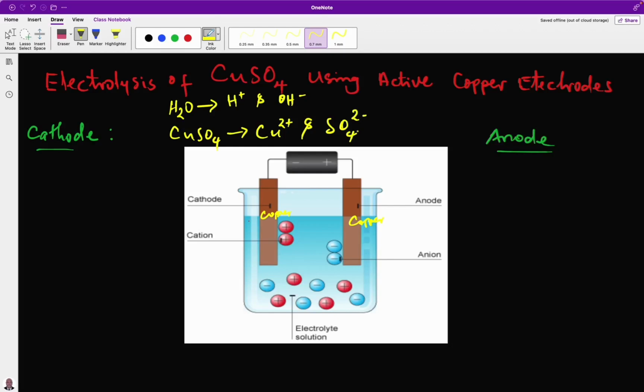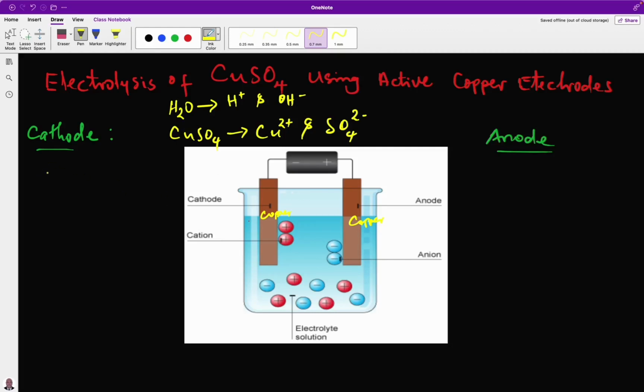But remember, there is something at the cathode. What is going to happen? The reaction this time around is going to change because all the electrodes are active electrodes. So at the cathode, copper 2 is deposited.